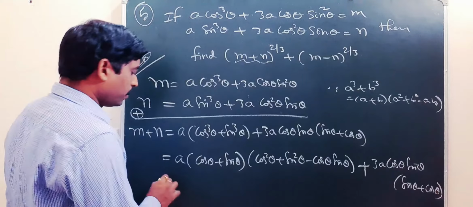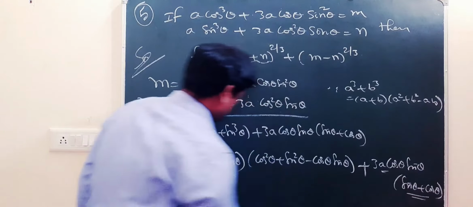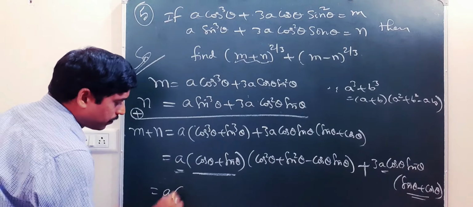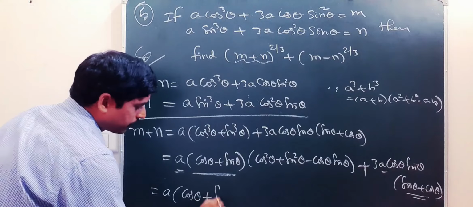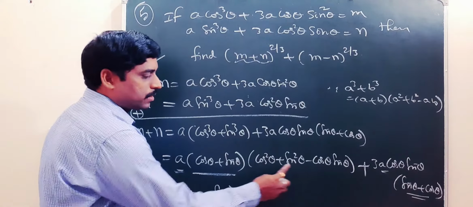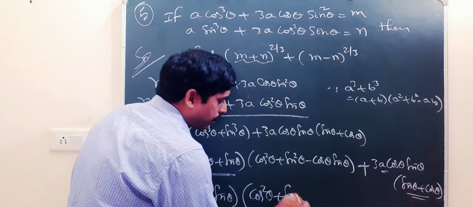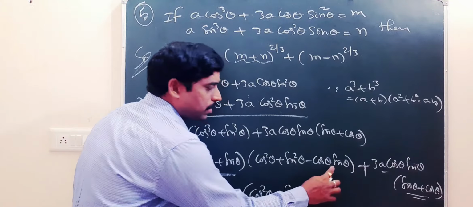It will be cos theta plus sin theta into a, take out common. In this, a times (cos square theta plus sin square theta minus cos theta sin theta plus 3 cos theta sin theta). It will be 2 cos theta sin theta.